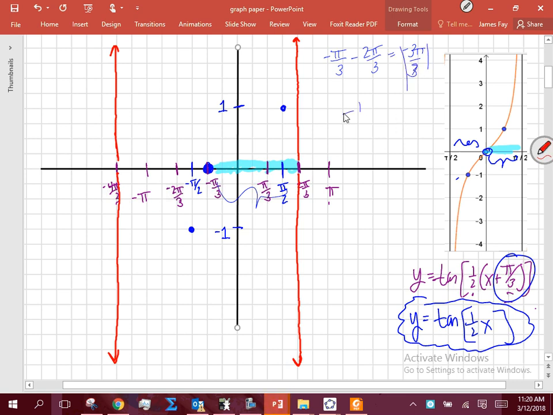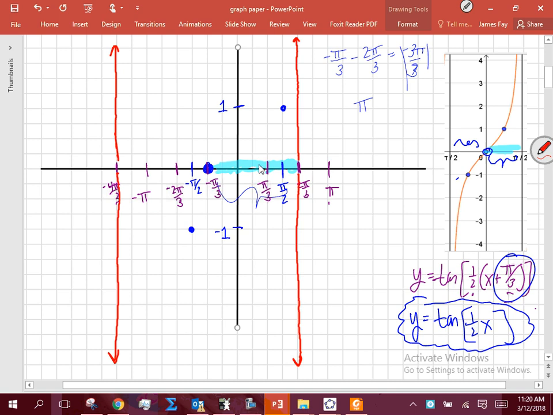So that blue distance right there is pi. Does that make sense, everybody? Which should make sense because isn't your period 2 pi? And we know that should be halfway. So if you want to do that math, you can. You don't need to if you knew what your period was.